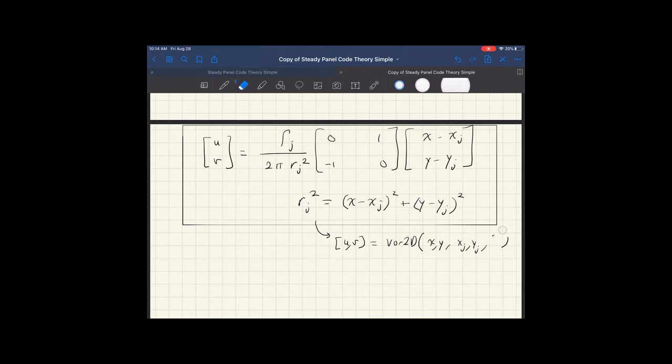Or let me actually do some changing here. I'll just put gamma j first.